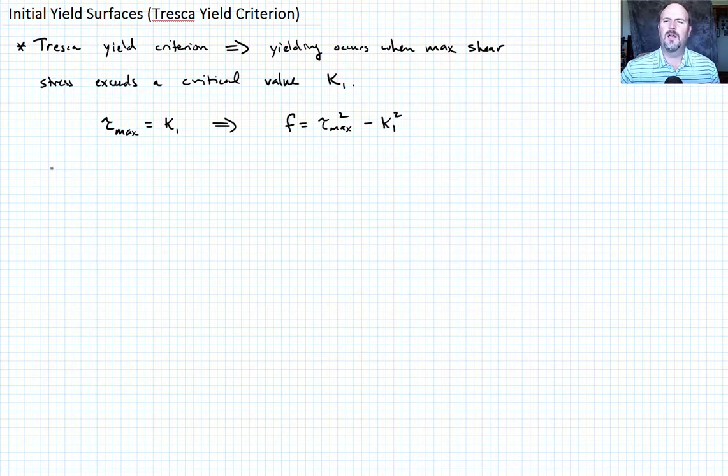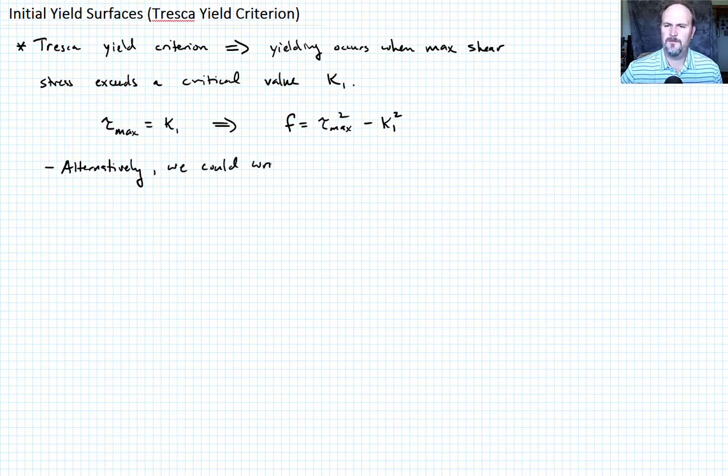Okay, so now we just need to think through a little bit about how we could write tau max. So we could write this above alternatively. Let's see, alternatively we could write the following. We could say, okay, F, and now let's think about tau max in terms of Mohr's circle.